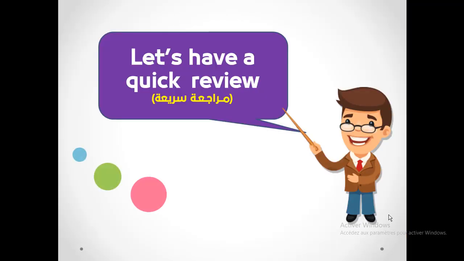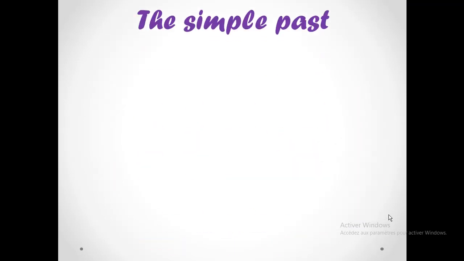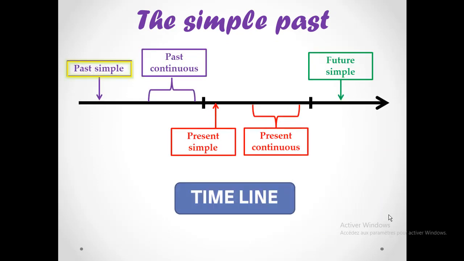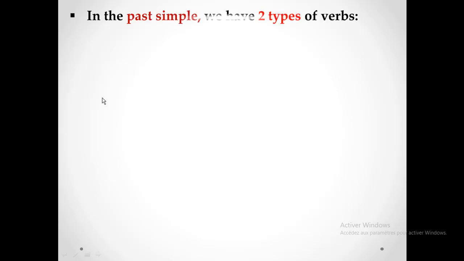Let's have a quick review of the last session. So in the last lesson, we spoke about the simple past. The simple past is a tense that we use to express an action that started and finished in the past. In the past simple, we have two types of verbs.